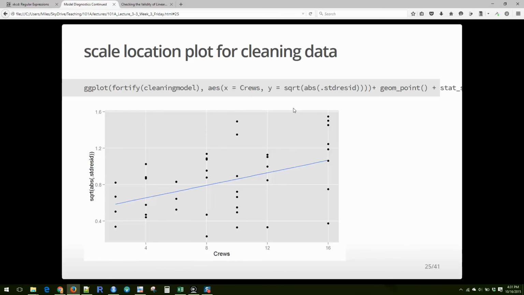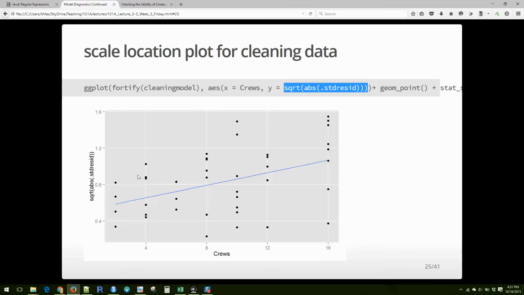Let's see what this looks like. If I use ggplot, I'm taking the standardized residual, taking the absolute value of it, and then taking the square root of that. This is our scale location plot for the cleaning data, and what we see is that the square root of the absolute values of the standardized residuals increases as the number of crews increases, and that's a bad sign.